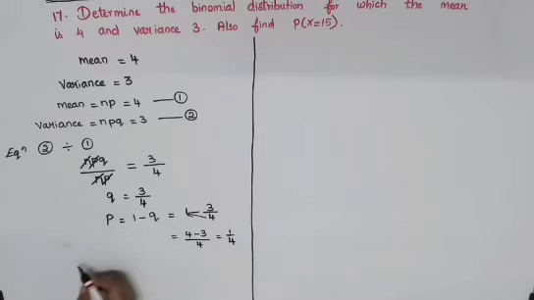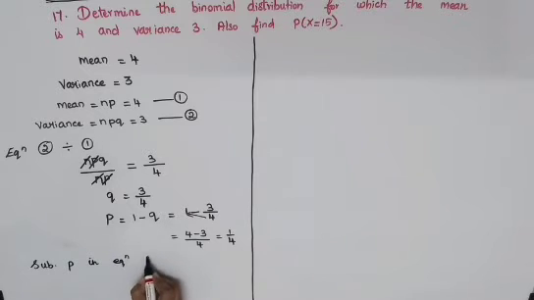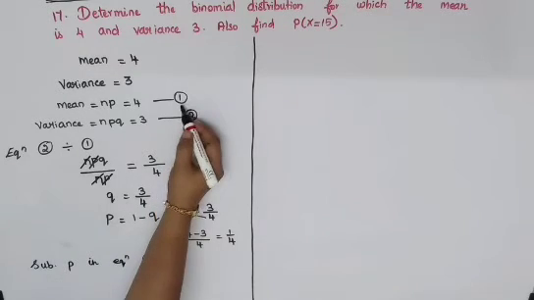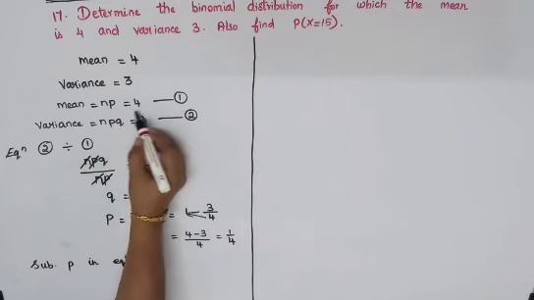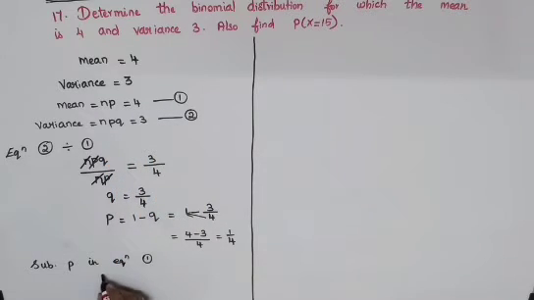So that is your P. Now you'll have to find your N. Okay, so substitute P in equation 1. So here in 1 you'll have to substitute it. So NP is equal to 4. So N into P is 1 by 4, which is equal to this 4. So that implies N is equal to, take this 4 that side, so we'll get it as 4 into 4. So N is equal to 16.